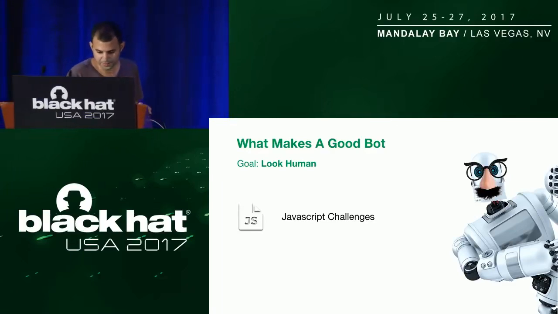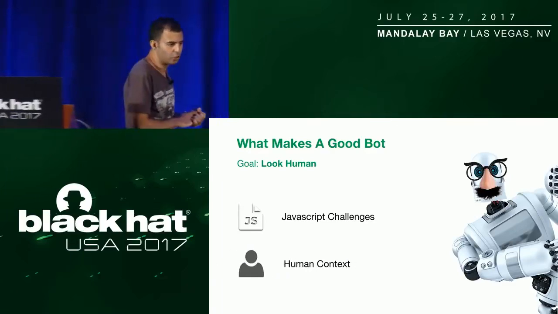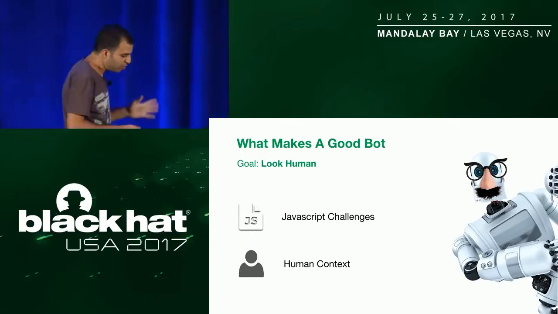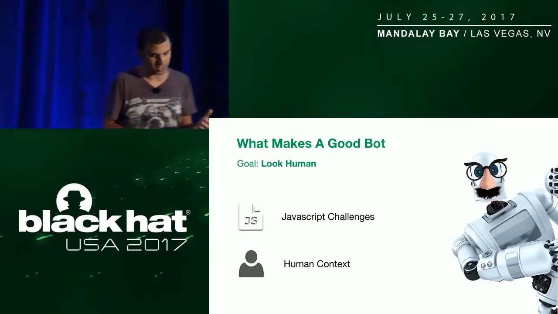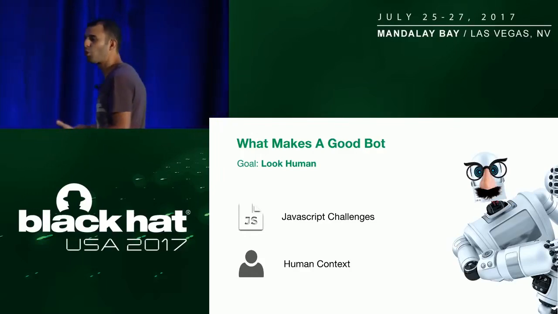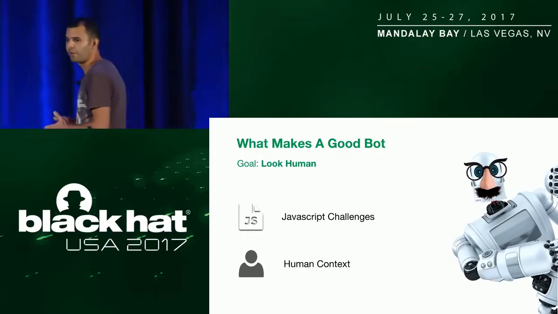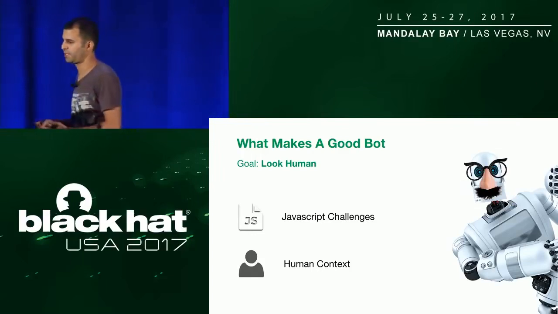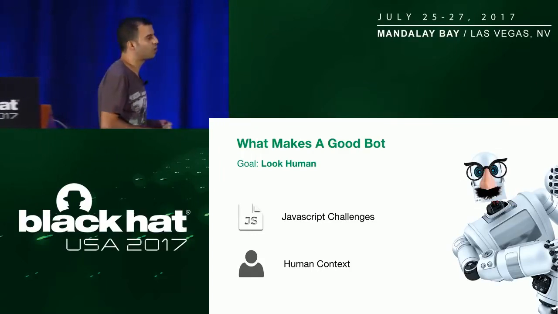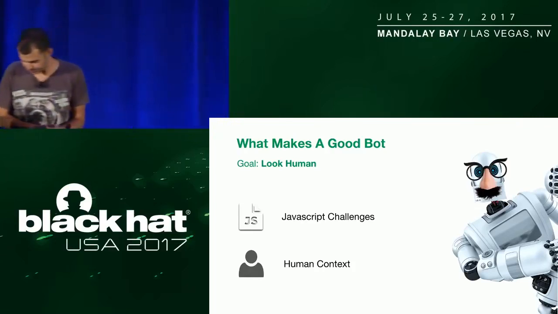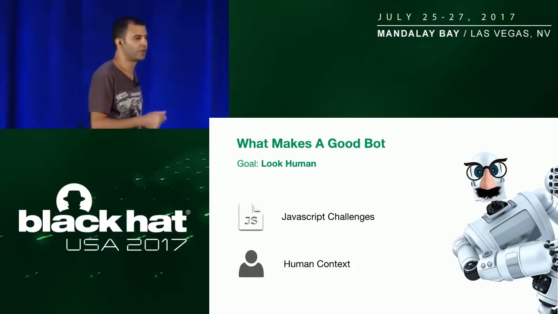The second thing is what I like to call human context. This includes a lot of stuff. For example, mouse movement and keystrokes, and all the human behavior involved when you surf the internet. In addition, the user context is very important.